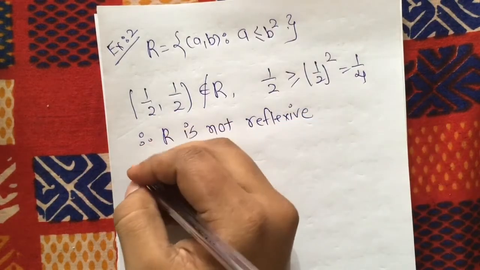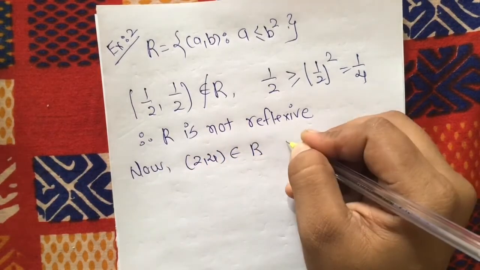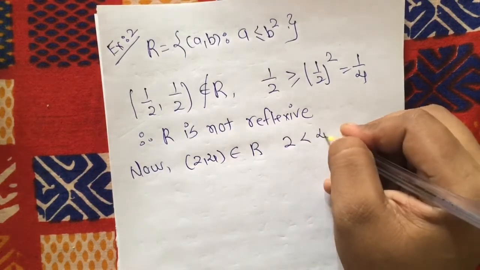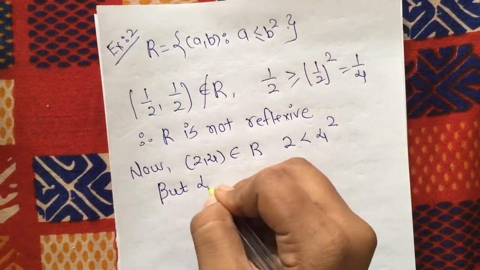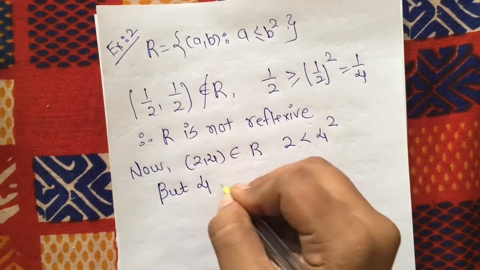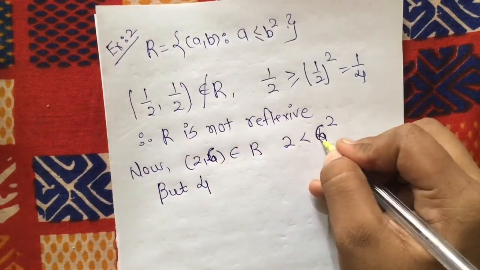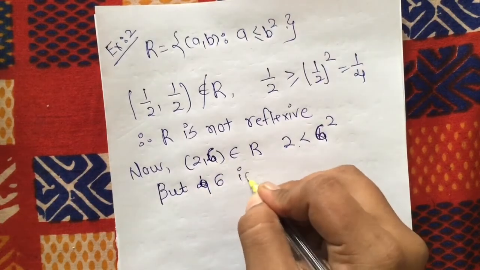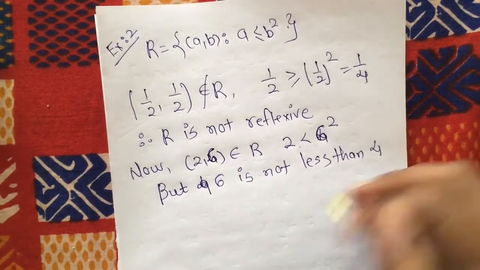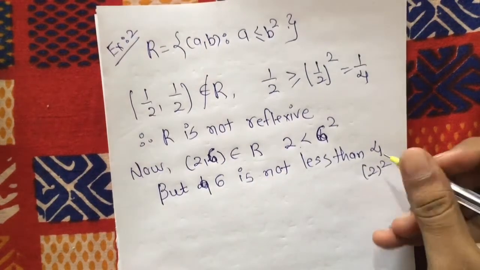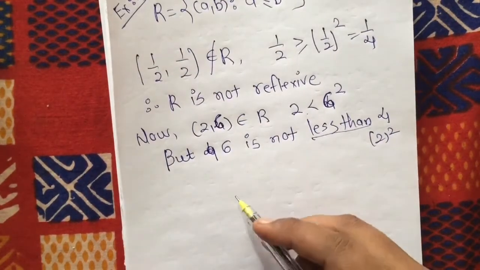Now take another example. (2, 4) belongs to R, that is 2 is less than 4². But (4, 2), or you can say (6, 2), यहाँ पे आप 6 भी ले सकते हो. (2, 6): 2 is less than 6², but 6 is not less than 2², that is 4. और अगर यहाँ पे हम 4 भी लेते तो भी चलता बिकॉज इट इज़ नॉट इक्वल. लेस देन और इक्वल नहीं बोला है, सिर्फ लेस देन बोला है. ठीक है, सो 4 लेते तो भी चलता.